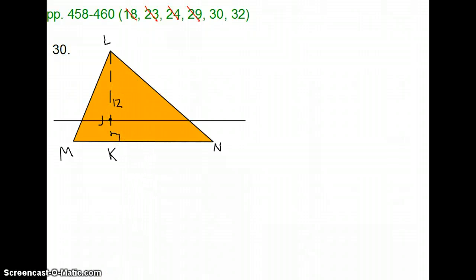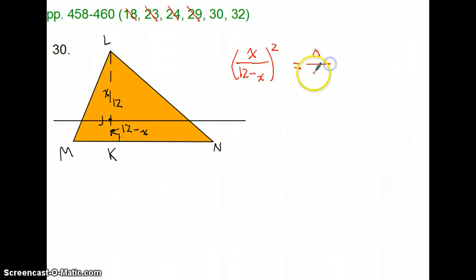So let me back up a little bit and see what I'm talking about here. Let's call the two sides here, I want to know this in the end of my problem. Let's call this one down here 12 minus x. I'm trying to get done with these problems before time runs out. All right, so the ratio of x to 12 minus x squared should be the ratio of little triangle to big triangle.